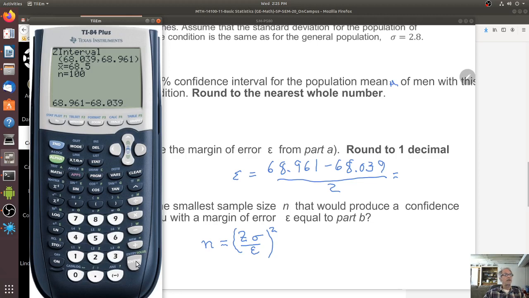Make sure you press enter here, not just directly divide by 2, otherwise it's just going to divide that second number by 2. Then do divided by 2 after you subtract them, and you get 0.461.